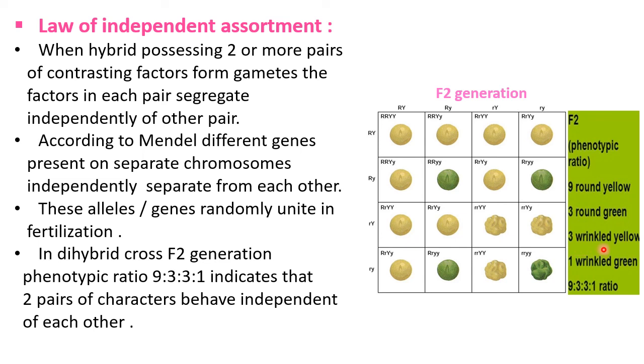So from this we come to know that two pairs of characters behave independently of each other. Each character, for example shape, shows two variants, round shape and wrinkled shape.